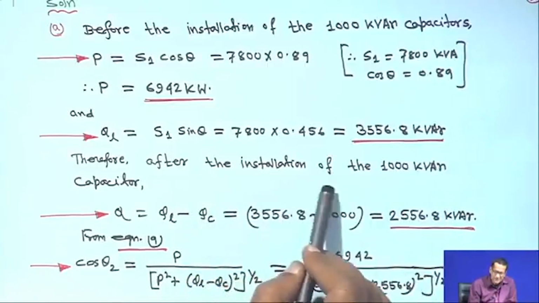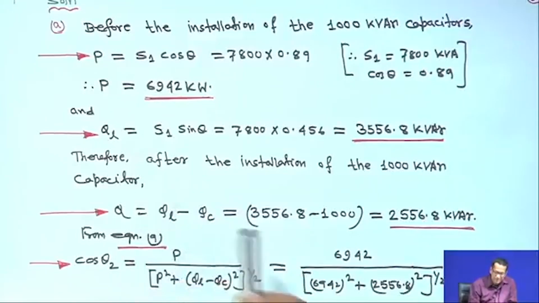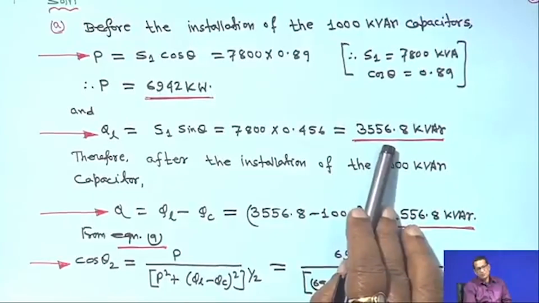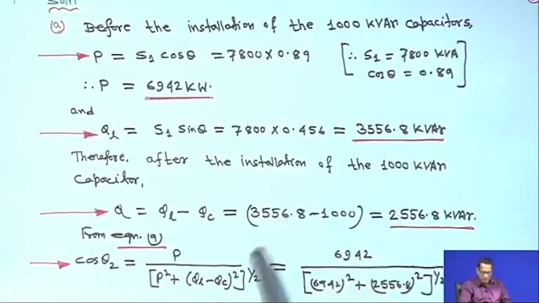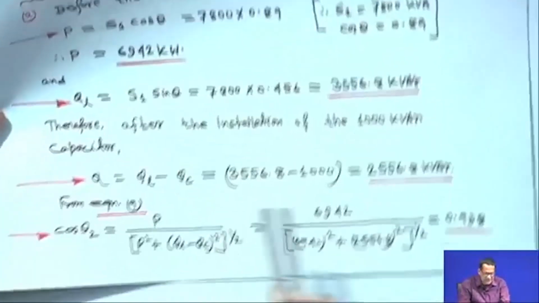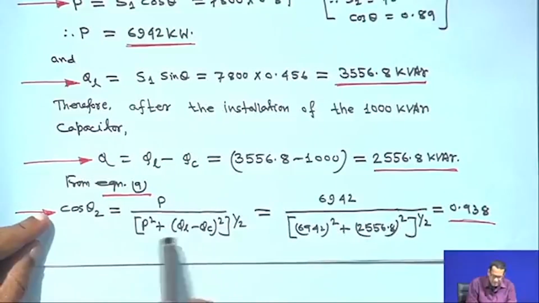Therefore, after the installation of the 1000 kilovar capacitor, Q will be QL minus QC. This is your QL, the reactive power required in the load. So, Q should be equal to QL minus QC, this much minus 1000, it is 2556.8 kilovar, right.